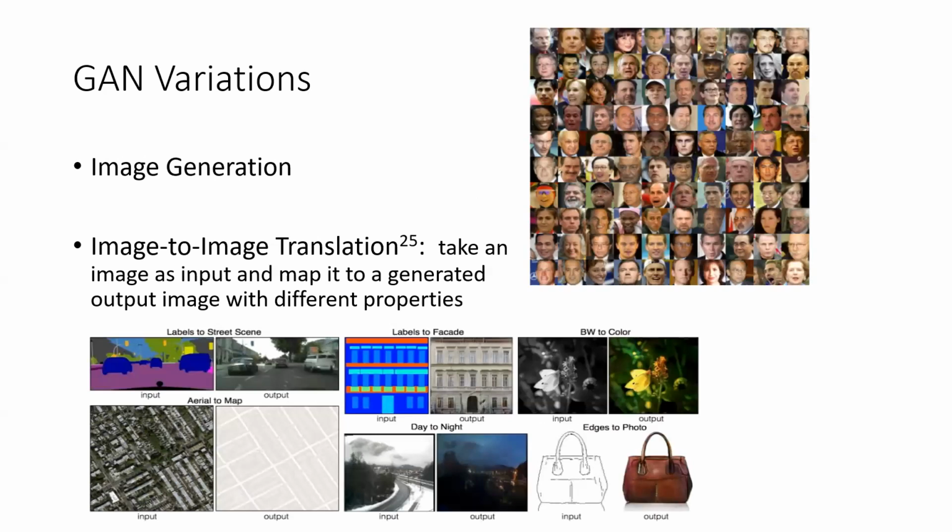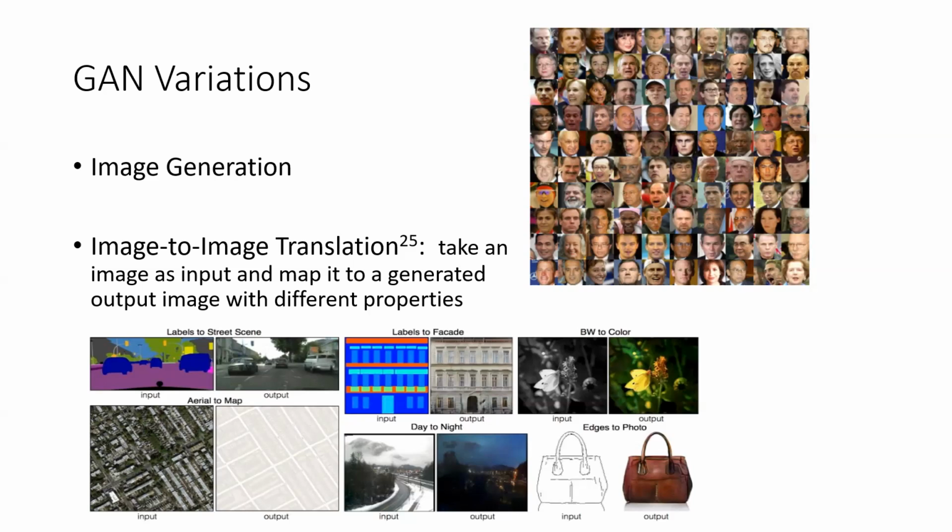Applications of GANs, there are a lot, and I just have some examples here. I don't even claim that these are the most important ones. Image generation has been used a lot, not only for general images but in different domains like medicine and biology.